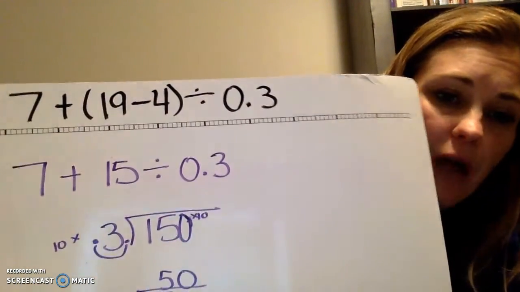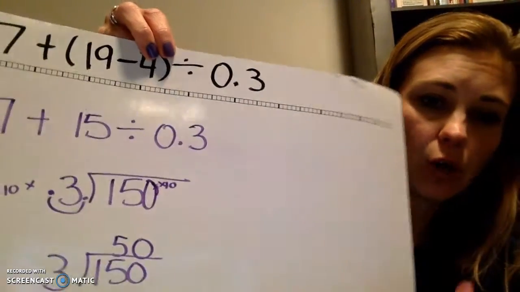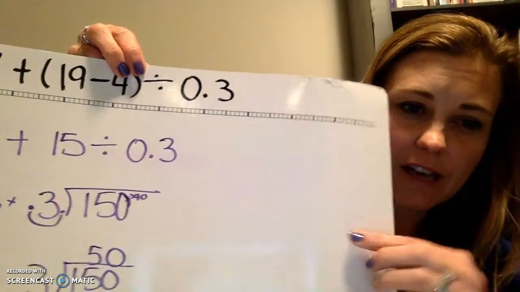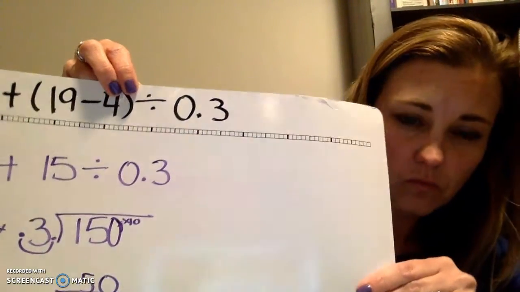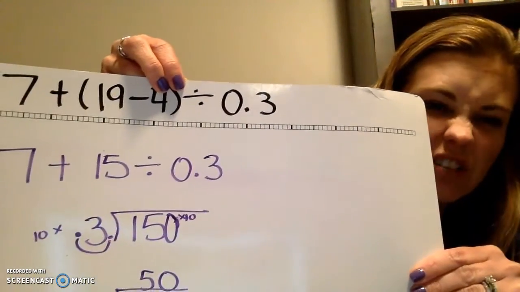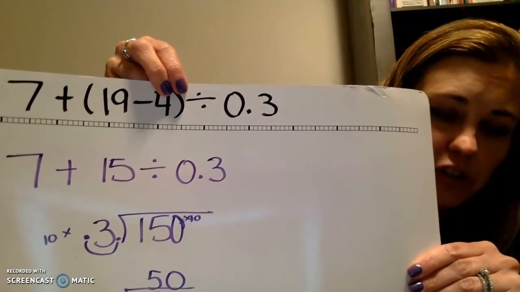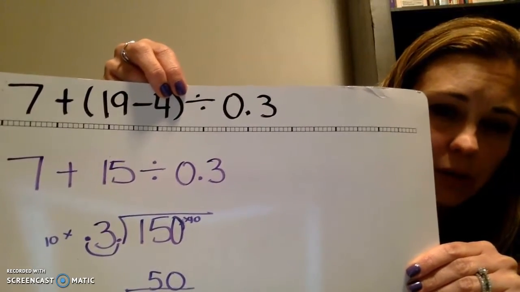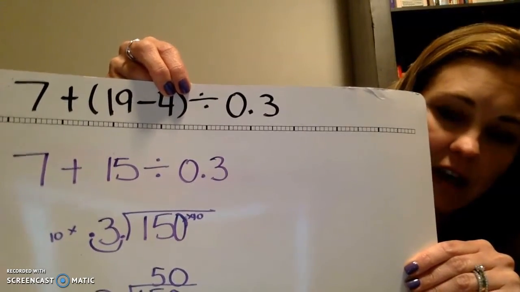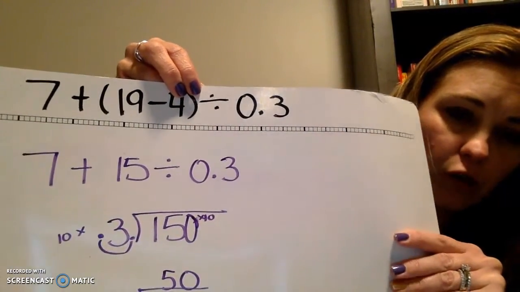So let's review how we do our division when our divisor is a decimal. So I need to move that decimal because it's a lot easier to work with whole numbers. So to make 3/10 a whole number, I times it by 10, and that moves my decimal point over one space.